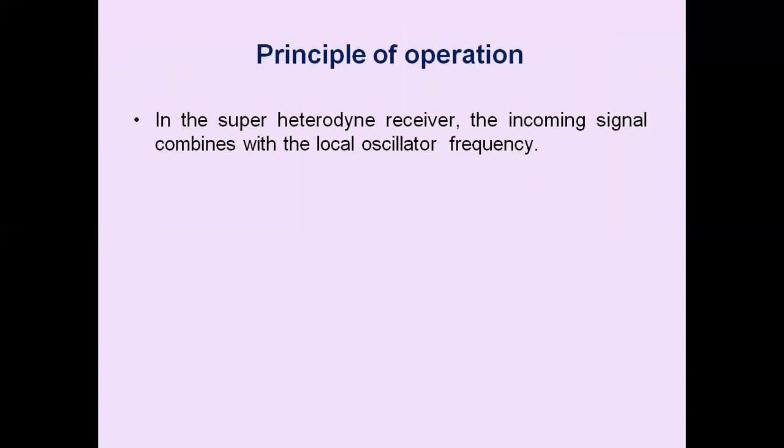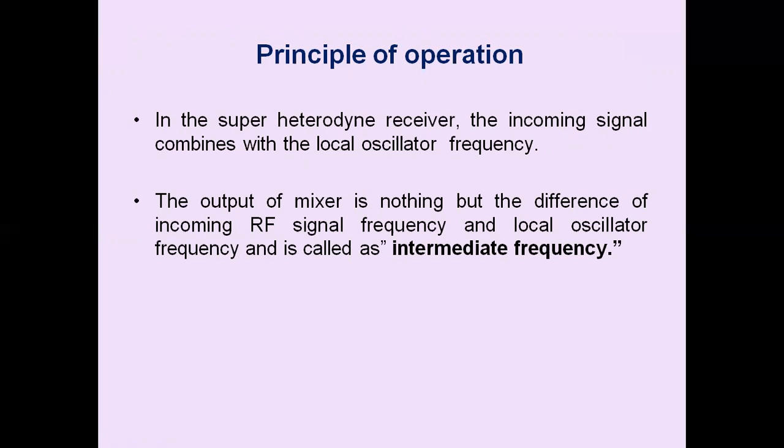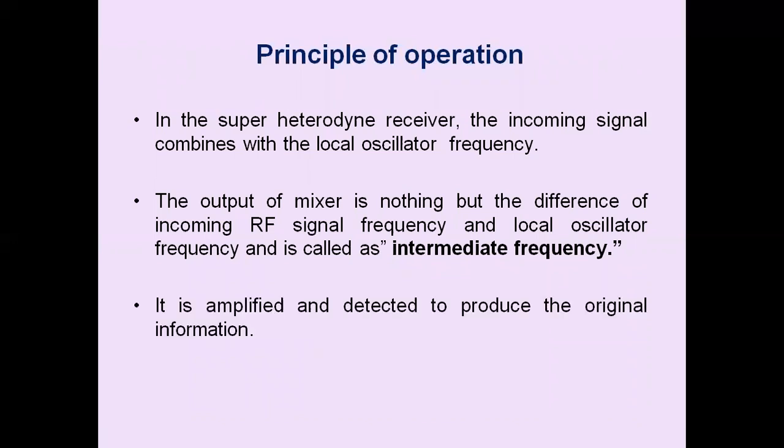The principle of operation is summarized like this. The incoming signal combines with the local oscillator frequency. The output of the mixer is the difference of the incoming RF signal frequency and the local oscillator frequency, and is called the intermediate frequency. It is amplified and detected to produce the original information.